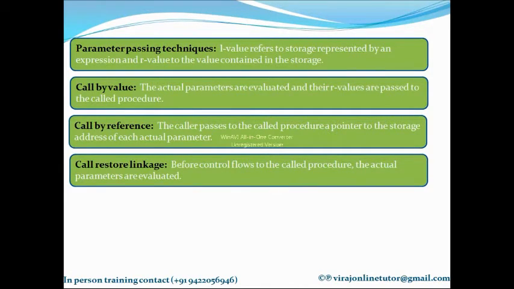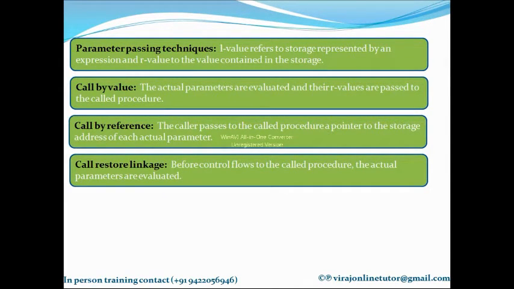In call by value, the actual parameters are evaluated and their R values are passed to the called procedure. I repeat, in call by value, the actual parameters are evaluated and their R values are passed to the called procedure. So if I have a function with two parameters, when I'm calling it from somewhere else, I have to pass values to these parameters.